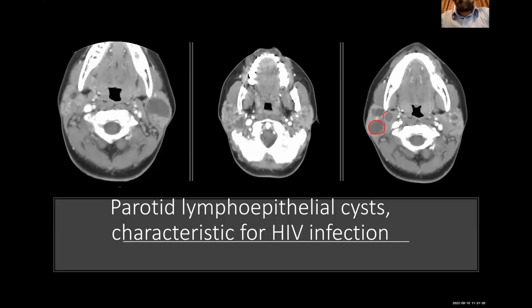This is enhancement of the surrounding parenchyma. It is related to the parenchyma itself, which you see surrounding this cyst. But in the abscess, you should find a wall to call it an abscess. I hope this is clear.